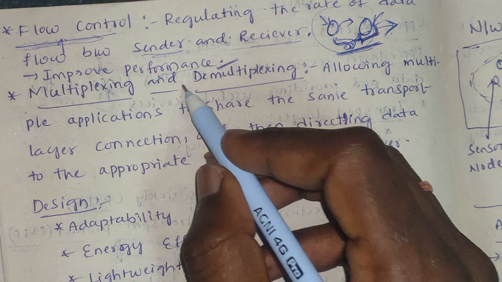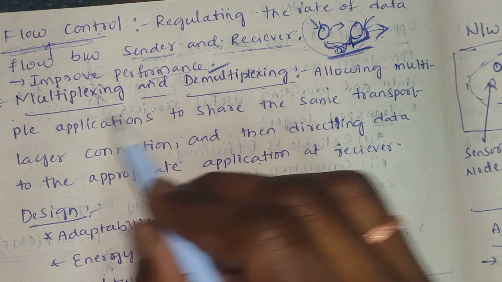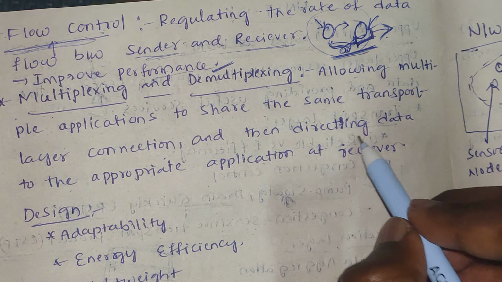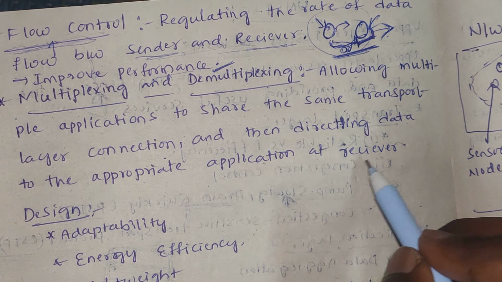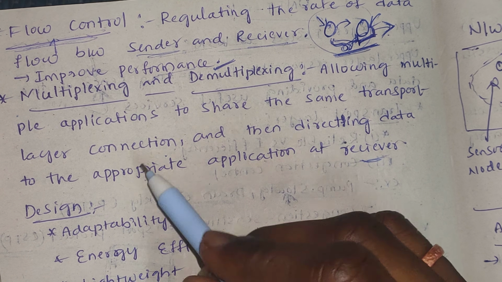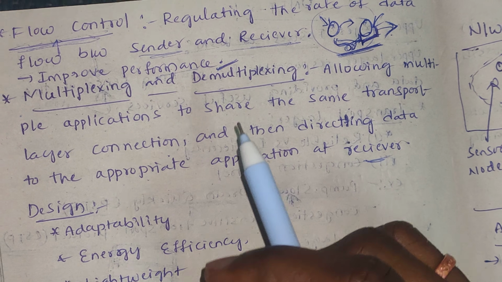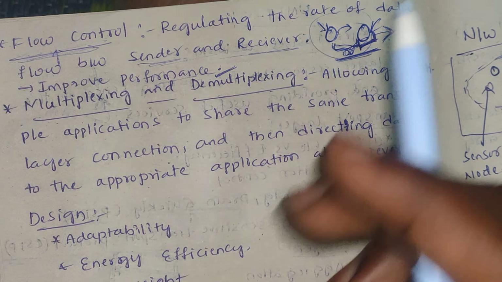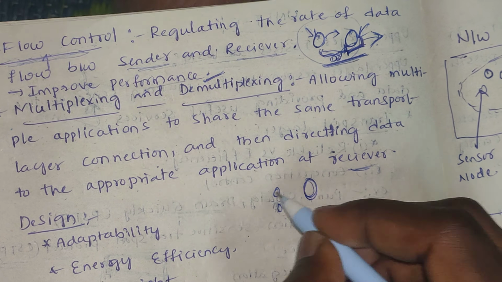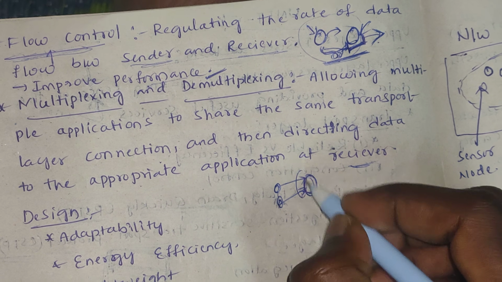Next, multiplexing and demultiplexing. What is multiplexing and demultiplexing? Allowing multiple applications to share the same transport layer connection and then direct data to the appropriate application at the receiver. At the receiver and the sender, we share the same transport layer connection, like multicasting. For example, these two nodes are going to share the same channel, and we have some collision.